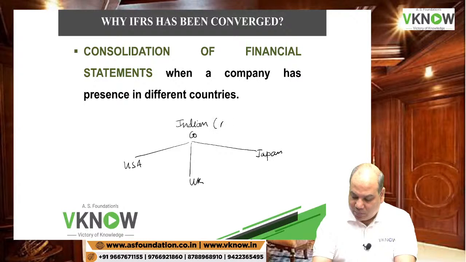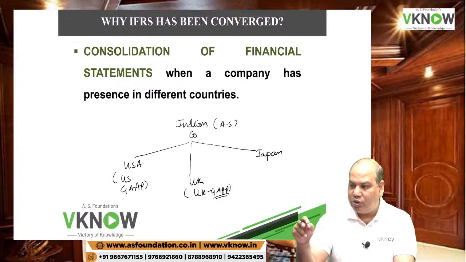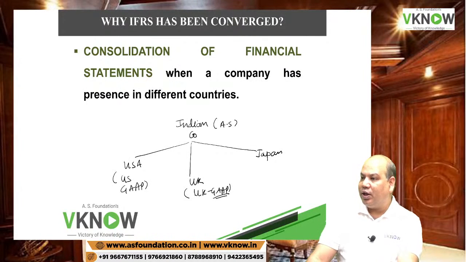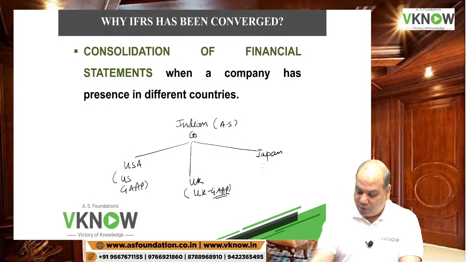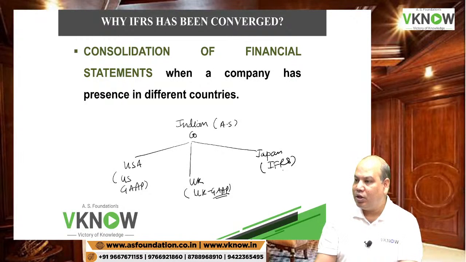Now, the Indian company was following accounting standards. The US company is following US GAAP. The UK company is following, say, UK GAAP. GAAP means the local standards are called GAAP. And then Japan was following IFRS. Now this is the parent company.